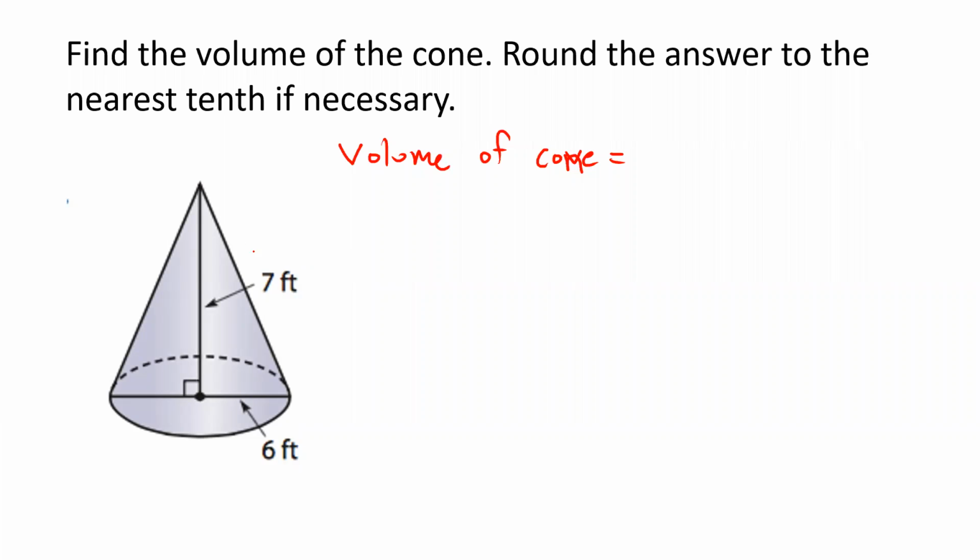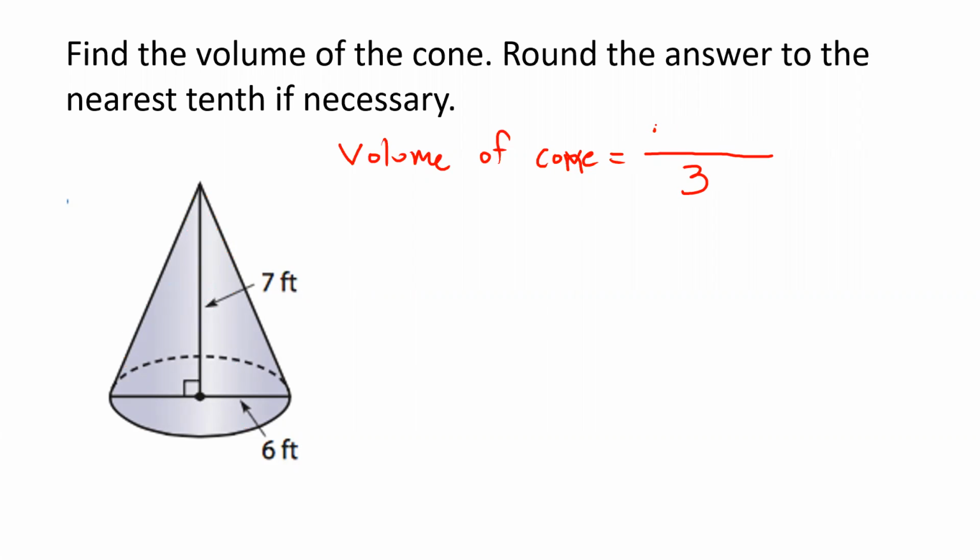What we know about cones is that if you take a cone and pour it into a cylinder of the same height, you'd find that it would take 3 cones to fill up 1 cylinder of equal height and radius. So the formula is essentially 1/3, or dividing by 3, of the formula for a cylinder.